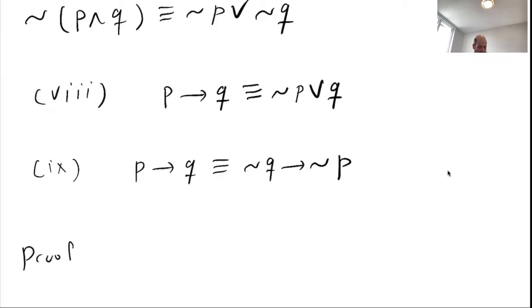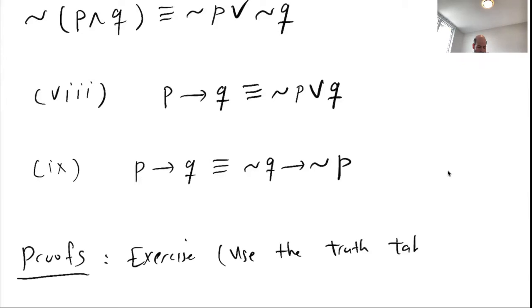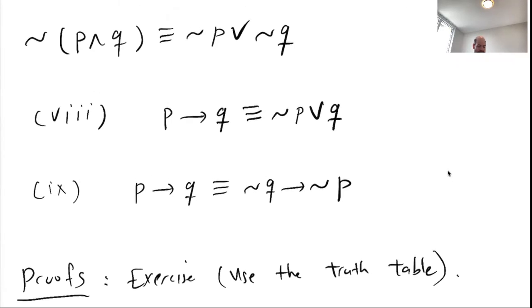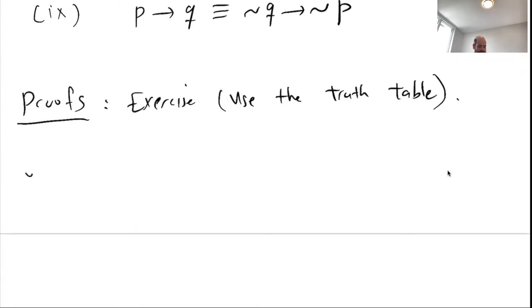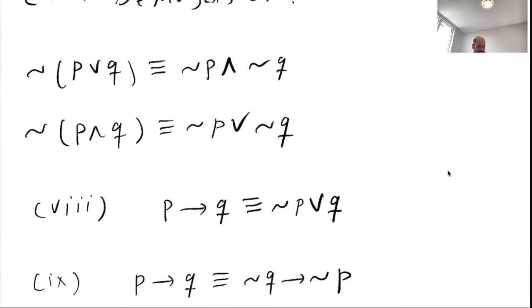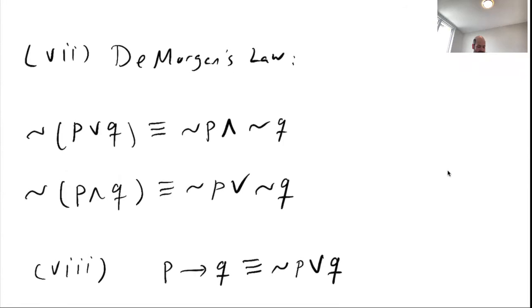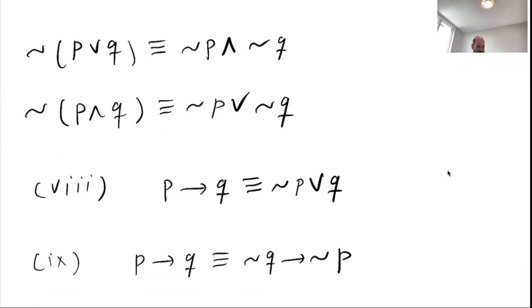Proofs: exercise, use the truth table. So for example, let me do one of them and then I can leave the rest as an exercise. For example, this one, De Morgan's law.